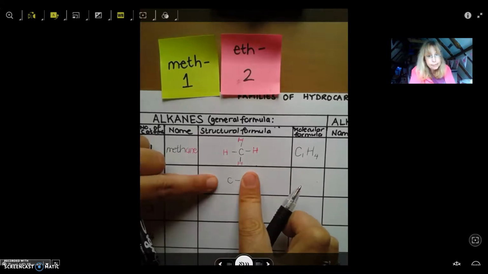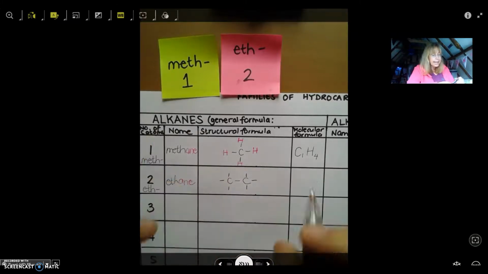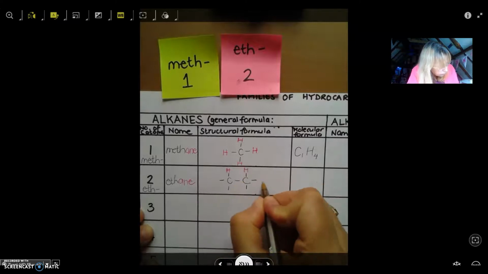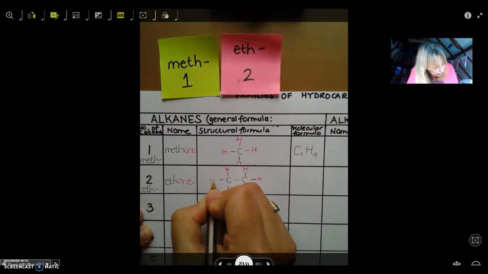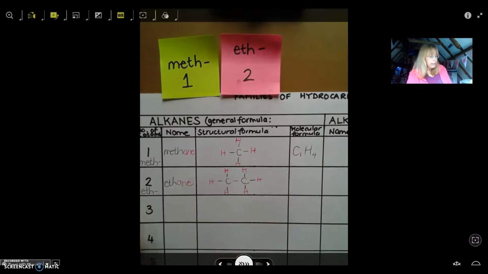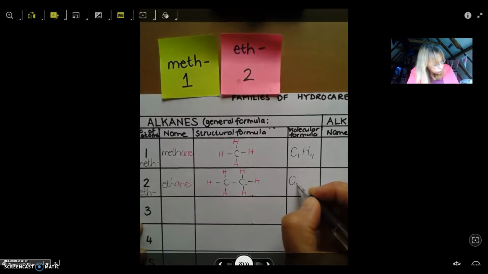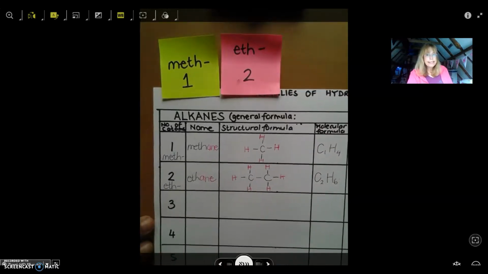That carbon atom already has 1 covalent bond, so I add on 2, 3, and 4. And I now can add in the hydrogens: 1, 2, 3, 4, 5, and 6. So that gives me the formula of C2H6.